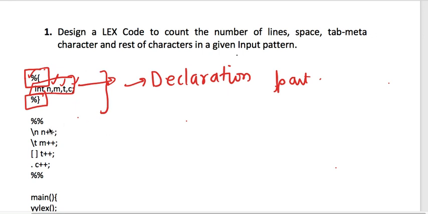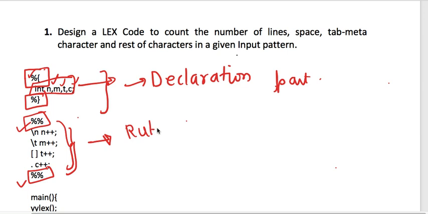Now the second thing: whatever comes between the two double percent signs comes under the rule section. Why is it called the rule section?